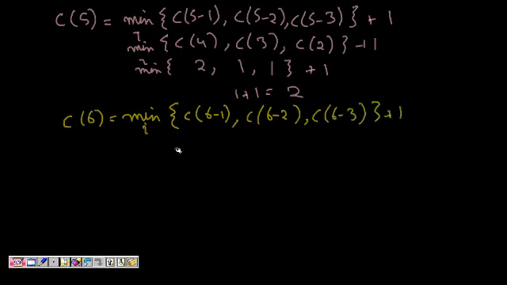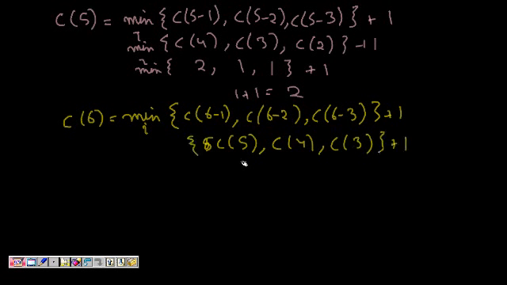So this makes the minimum of C of 5, C of 4, C of 3, plus 1. We see that C of 5 was 2, C of 4 was also 2, and C of 3 was 1. So the minimum of this is 1 plus 1, 2, and we see that 6 can be made with 3 comma 3.